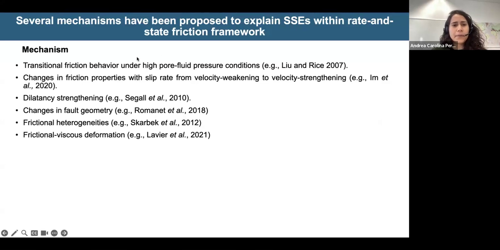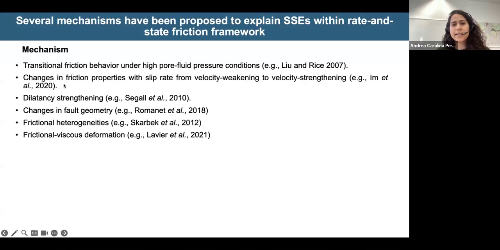One of maybe the most cited ones is the work by Liu and Rice, 2007, where they uncovered that changes in transitional friction behavior combined with high fluid pressure conditions, which are both consistent with what we observe from lab experiments and geophysical observations, provide a very favorable environment for slow slip generation.